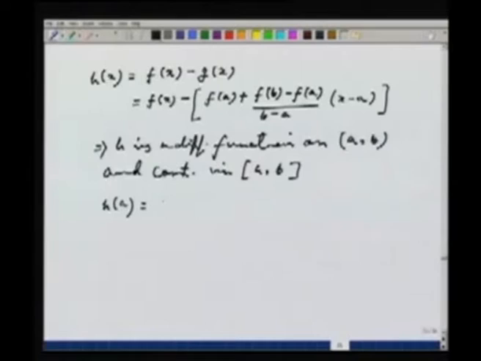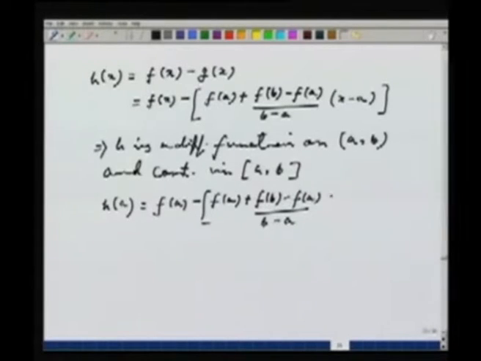That by definition is f(a) minus f(a) plus (f(b) minus f(a)) by (b minus a) into (a minus a), which anyway is 0. So what I get is f(a) minus f(a), that is 0.